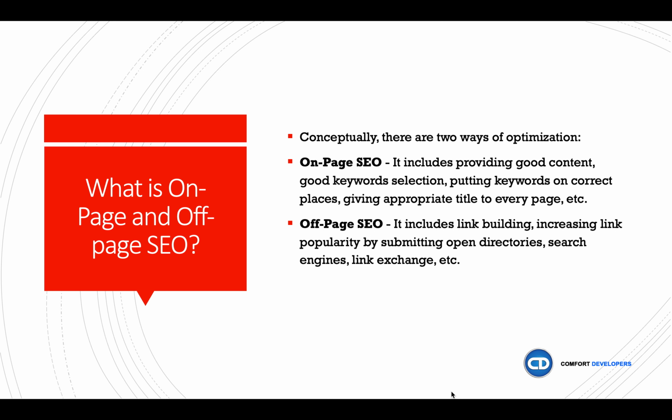Sometimes as a web designer, some designers don't even know how to use the right keywords, the right title, or the right meta description for every page. So when we're talking about on-page SEO, these things must be properly put in place.